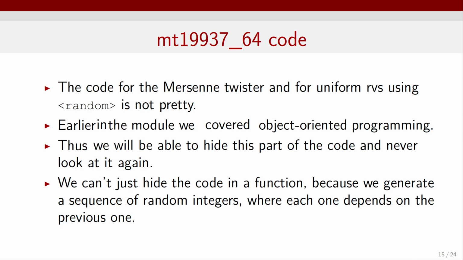We can't just hide the code inside a function because we generate a sequence of random integers where each one depends on the previous one. So instead of a simple function, we may have to use a recursive function or use vectors, or the most convenient way of doing this in C++ would be to use a function object.